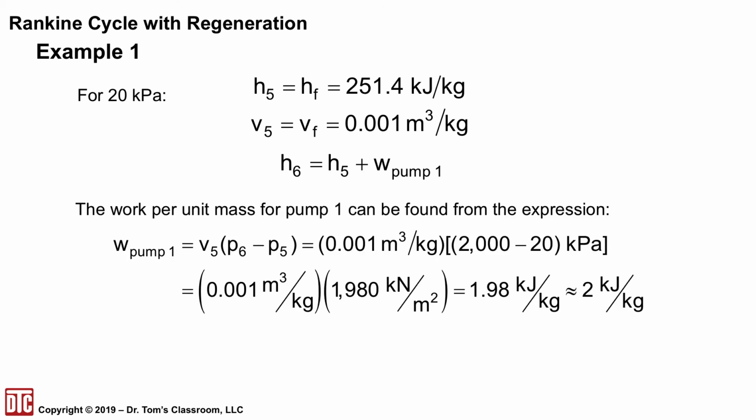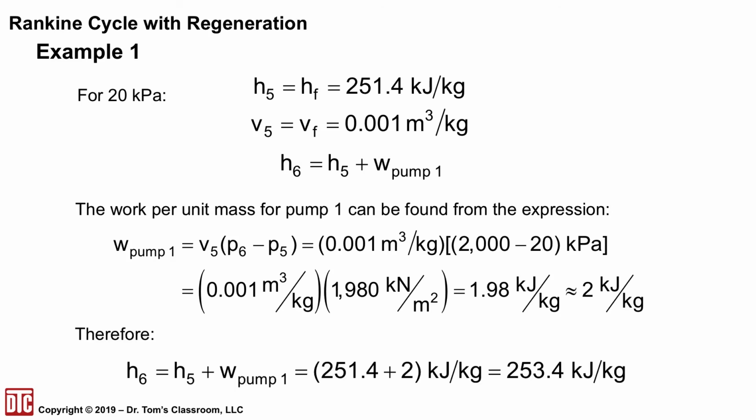And pump 1 can be found from this expression, V5 times P6 minus P5, and the V5 again is 0.001 cubic meters per kilogram, and the pressure difference is 2 megapascals minus 20 kilopascals, so that is 1,980 kilopascals. So we've got that number, 1980 kilonewton per meter squared, but what you'll end up with is a kilonewton meter. A newton meter is a joule, so you'll end up with about 2 kilojoules per kilogram.